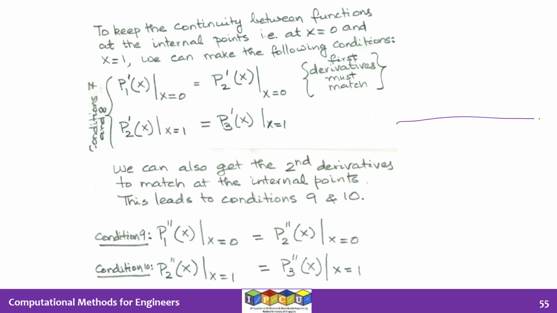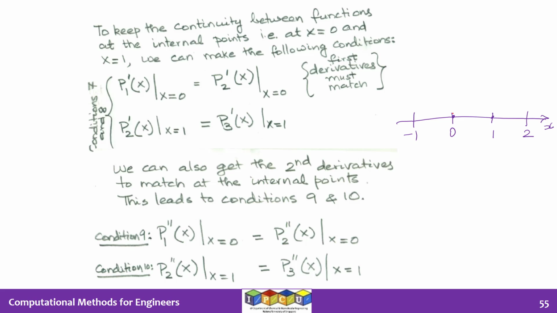So here we have x equal to minus 1, x equal to 0, x equal to plus 1 and x equal to plus 2. These are the 4 values of x at which we have some values of y. Now x equal to 0 and x equal to 1 correspond to internal points, whereas x equal to minus 1 and x equal to plus 2 are boundary points.